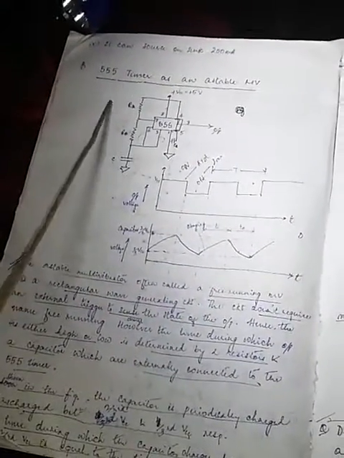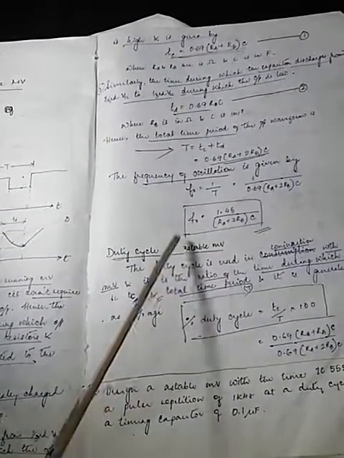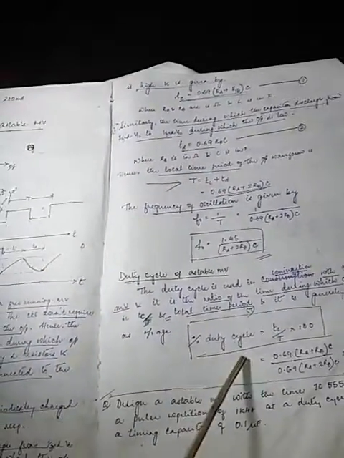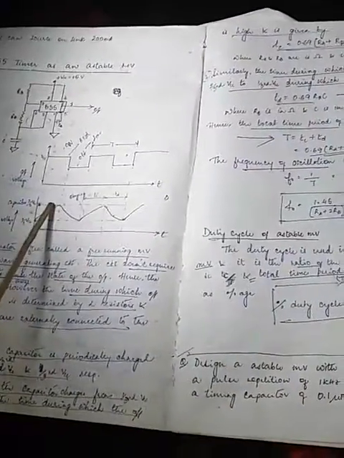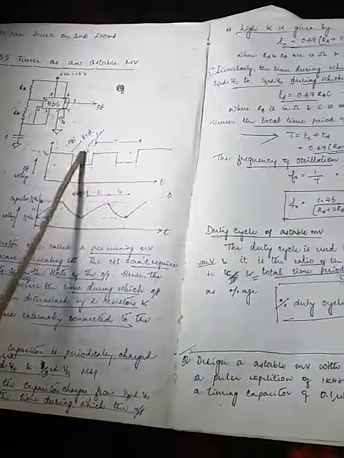So today we have learned many things about the 555 timer: the output waveform, the input waveform. We calculated the frequency of oscillation, the duty cycle, the charging time and discharging time, how it depends, how the curve looks, what the total time is, and how many pins it has.